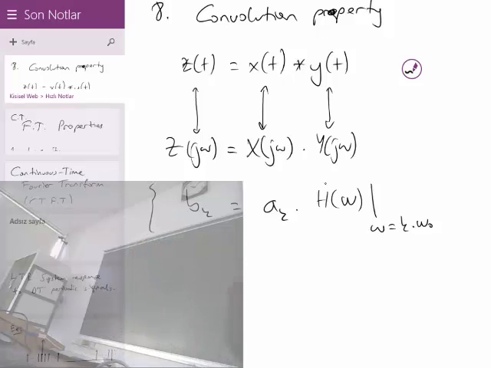So, this a_k is in fact like the Fourier transform with the corresponding frequency omega equal to k times omega 0. So we were multiplying x of k omega 0 and h of k omega 0 to find y of k omega 0.